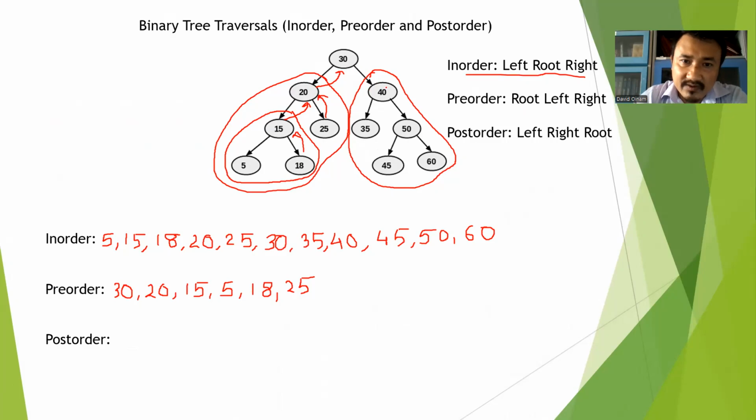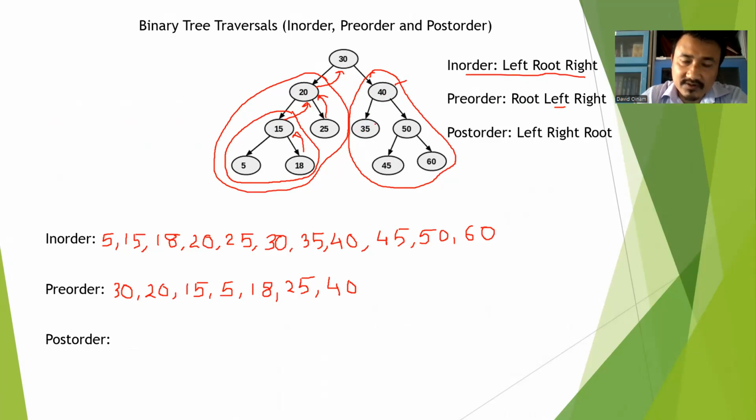For this sub-tree, 40 is the root node here. So we have to follow this same formula again: root, left, and then right. Write 40. Root is completed. Then you have to move to the left side. Left is 35 here.